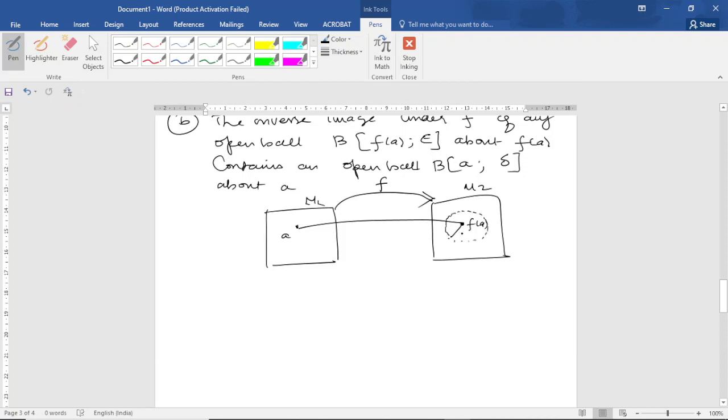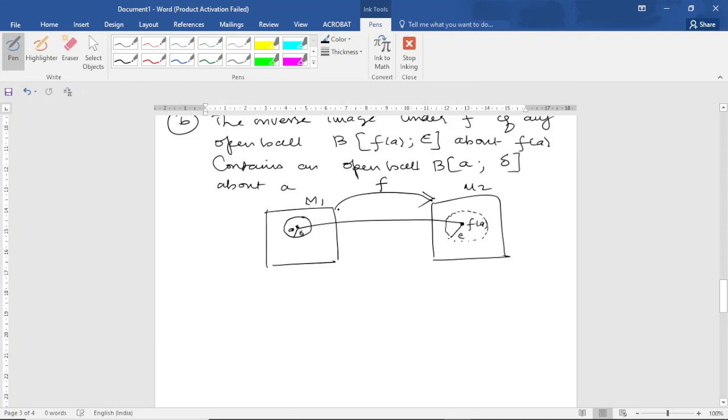Any open ball whose center is f of a, radius is epsilon, the inverse image will fall in M1. So what it says is, if f is continuous, then the inverse image of any open ball about f of a will contain an open ball, say center is A and radius is delta.